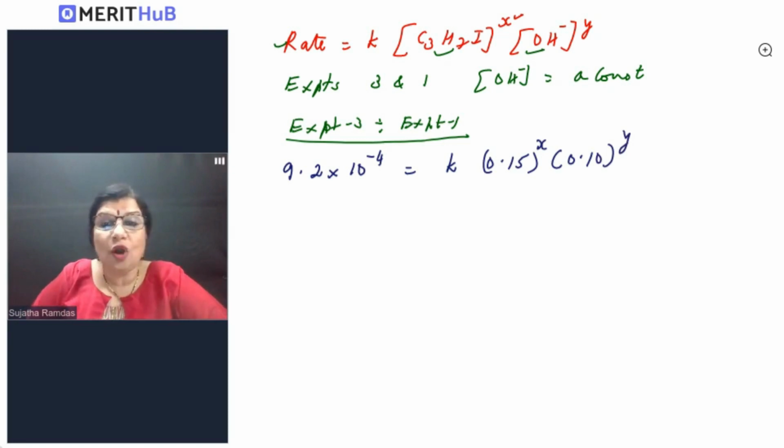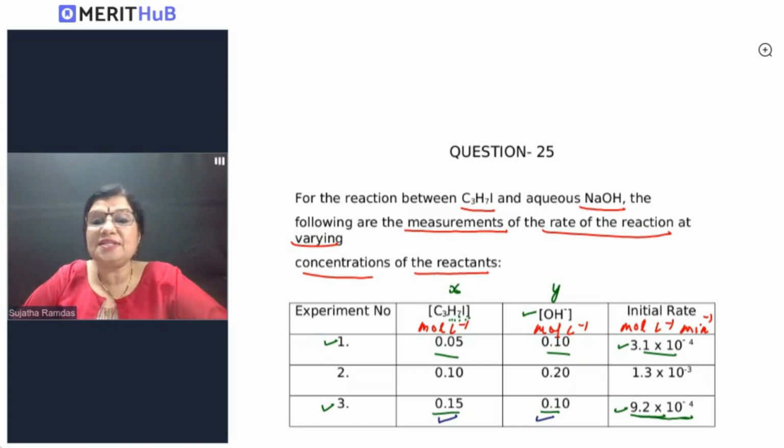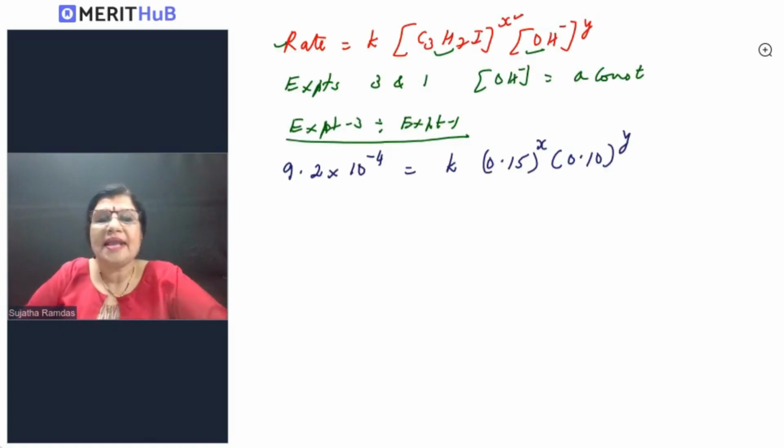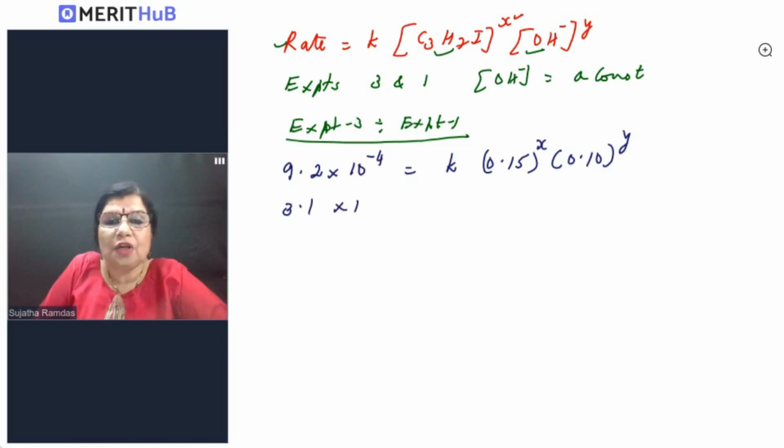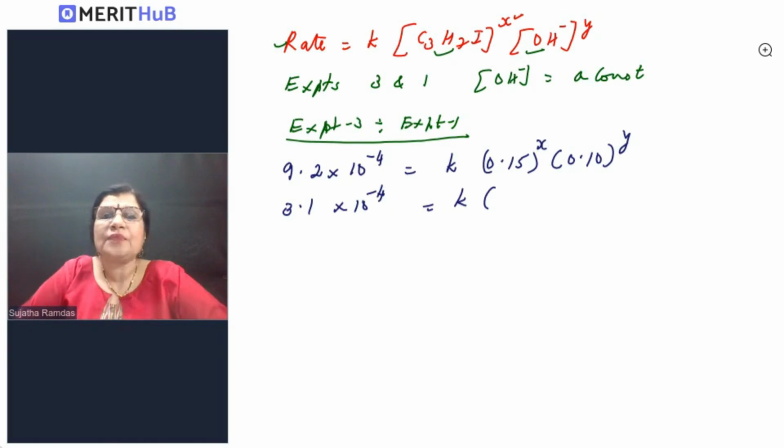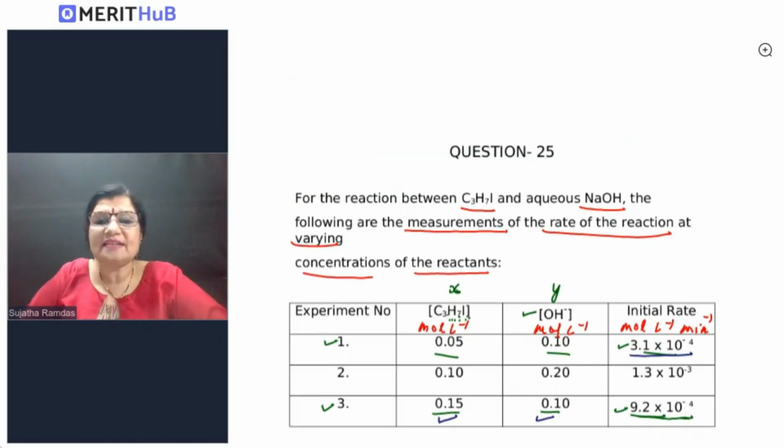Now, what is the rate of the reaction in experiment 1? In experiment 1, the rate is 3.1 into 10 to the power of minus 4.